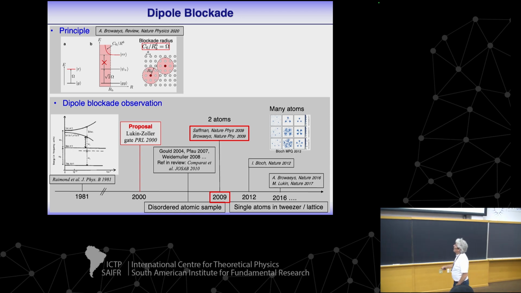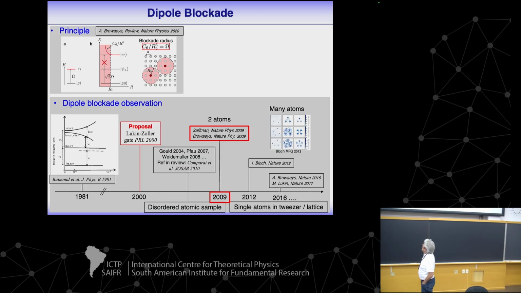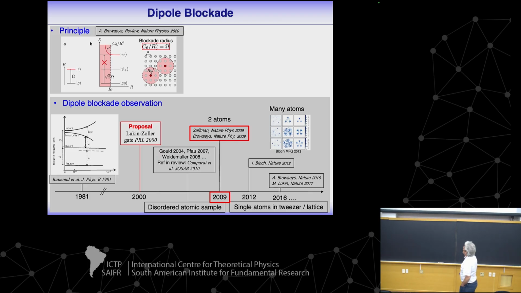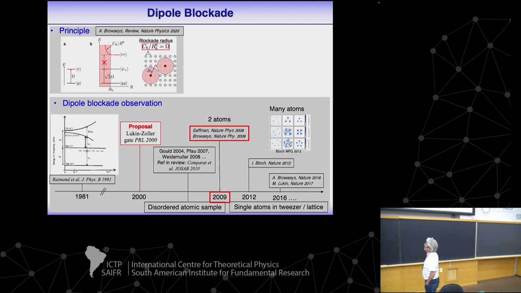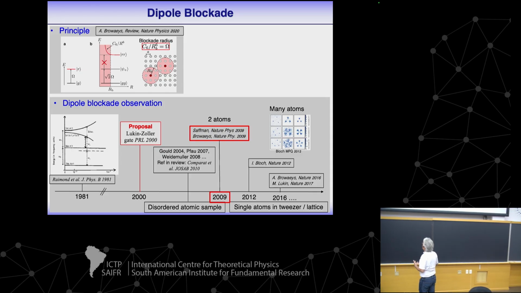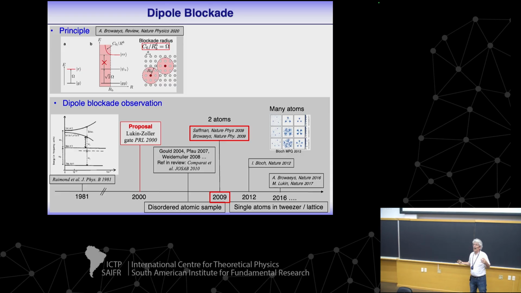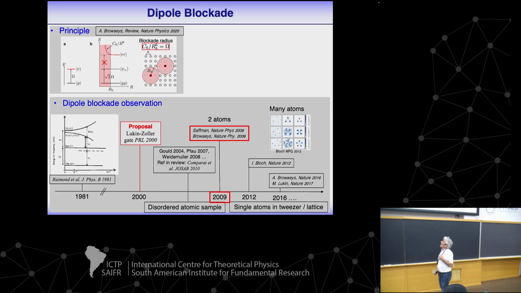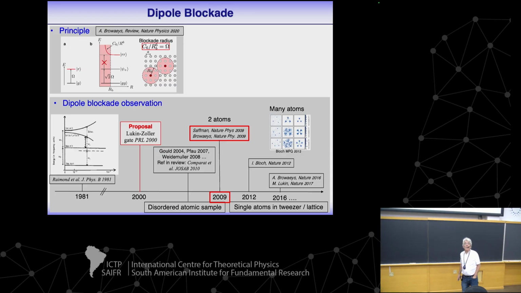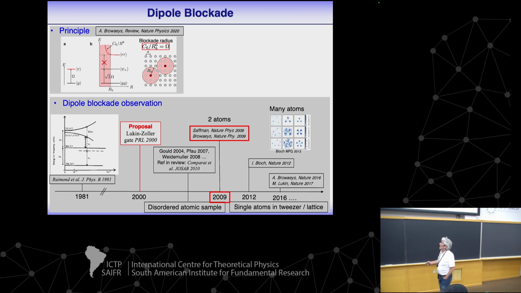It was a paper published by Jean-Michel Raimond and Serge Haroche in 1981, when they observed, and this is a figure from the paper, that at that time there were no tweezers, it was just an atomic beam experiment with completely disordered atoms. But they remarked that when you try to excite a high density of Rydberg atoms, you do not manage to do it due to this dipole blockade phenomenon.